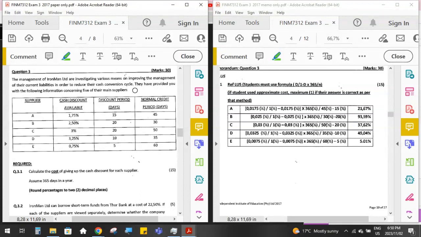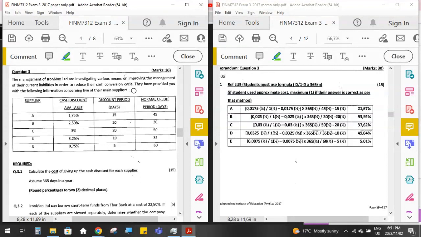So in general, a company will want their accounts payable days to be as large as possible while still staying within the agreed credit terms of their supplier, because that's how they will keep their cash conversion cycle reduced to its minimum.